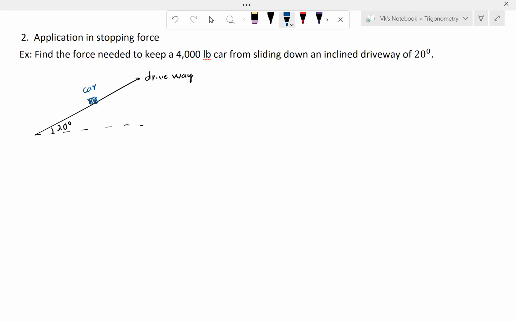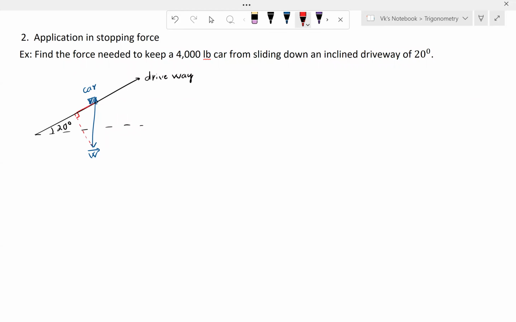Weight is a vector. So this is the weight of the car. In order to figure out the force needed to keep the car from sliding down, we need to project the weight onto the driveway. I'm going to project the weight onto the driveway.